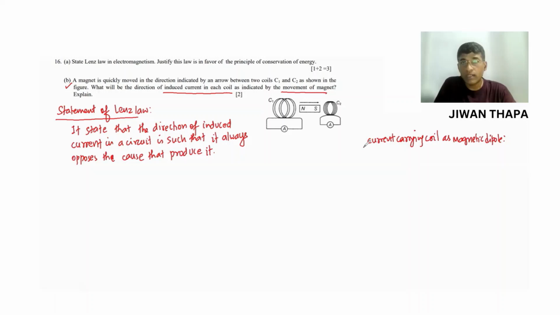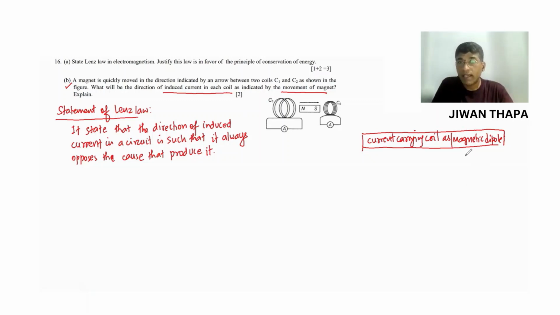Current carrying coil behaves as magnet. So if a current carrying coil behaves as magnet, then it must have two poles. So how do we assign two poles in a current carrying coil which behaves as a magnetic dipole? Magnetic dipole means that a current carrying circular coil must have two poles.